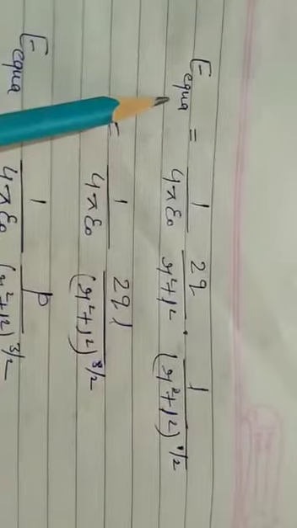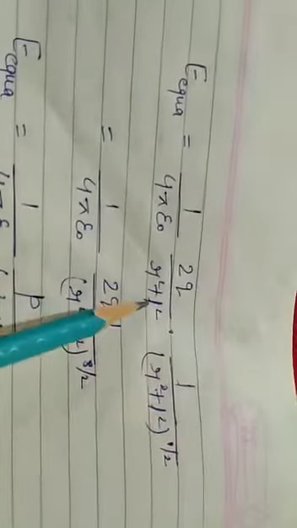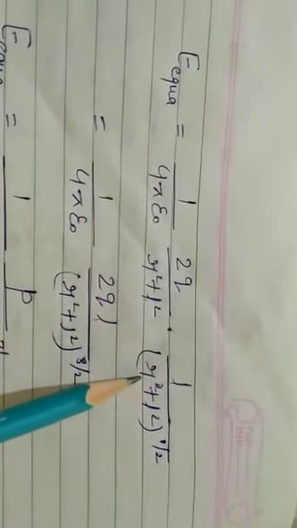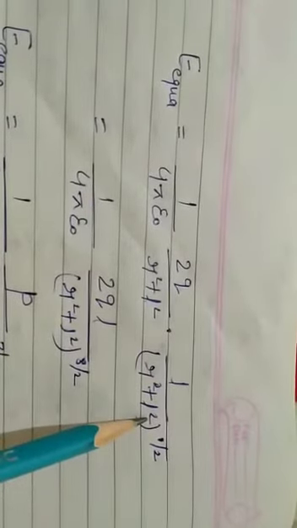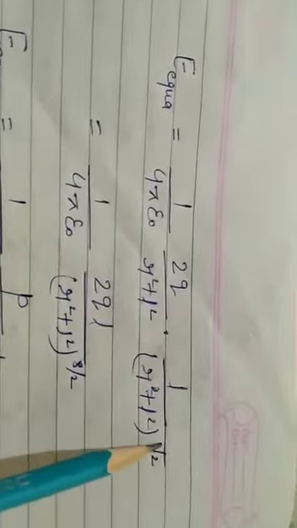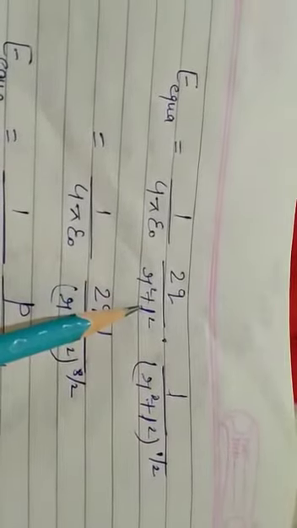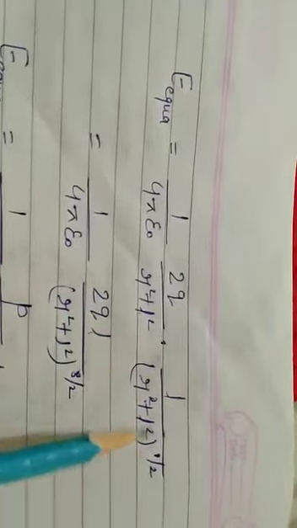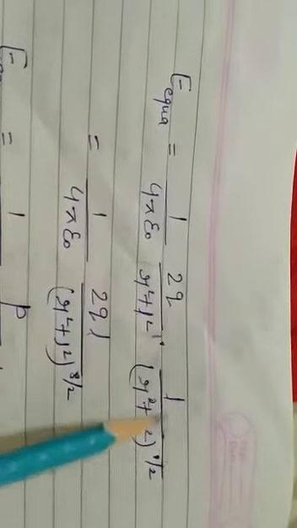E equatorial equals 1 upon 4 pi epsilon naught 2q upon r square plus l square into the value of cos theta, L upon root over r square plus l square. So we can write r square plus l square to the power 1 upon 2. Now here r square plus l square is there, and here r square plus l square to the power 1 upon 2. So here power is 1 and here 1 upon 2.